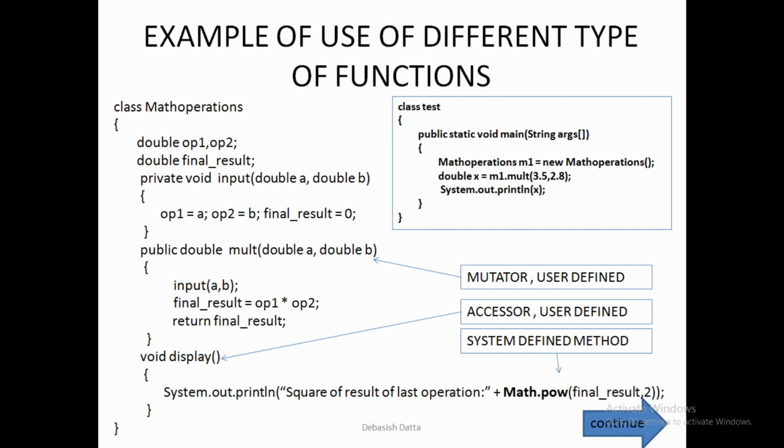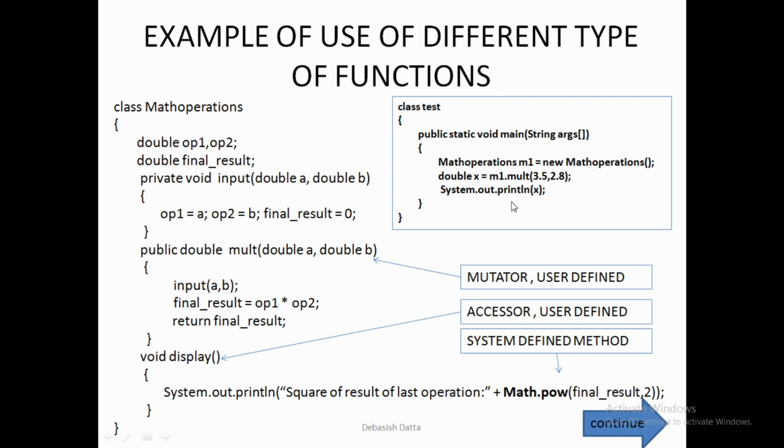Okay, so using this input function we have initialized op1 and op2. Now we have performed the multiplication operation on op1 and op2 and returned the result. This result gets stored into x and the value is displayed here.